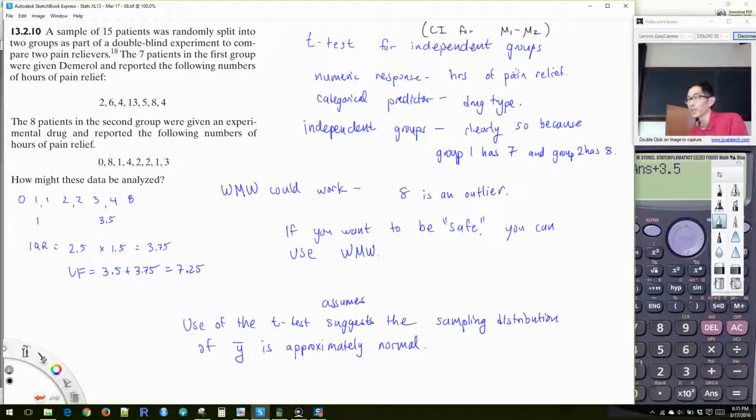So if there are multiple of the same value, each tie gets counted as half a point.